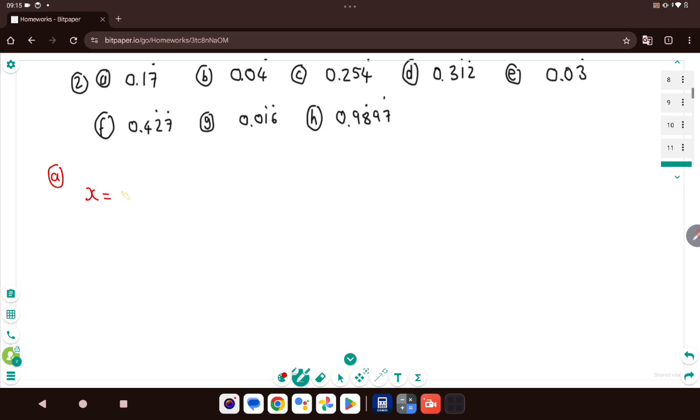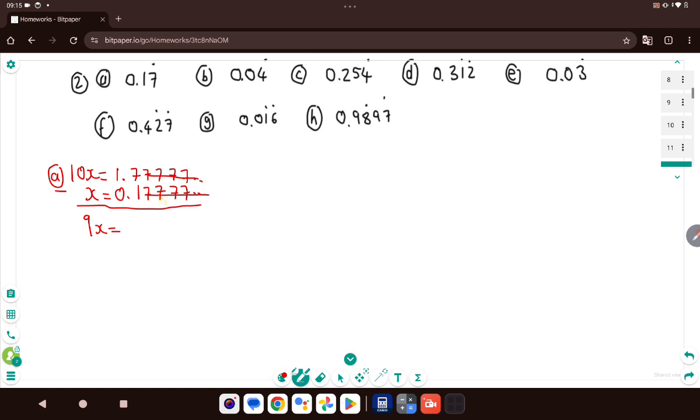A, just the 7 repeats, single digit repeating, multiply it by 10. So 1.711, oh, sorry, 7 repeats, doesn't it? Subtract. 10x take away 1x is 9x.